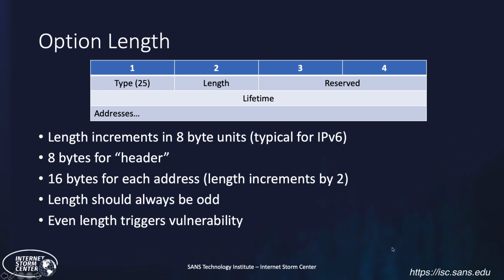So an IPv6 address has 16 bytes. So our length increments by 2 for each IPv6 address we are adding. But the end result is that this length is always an odd number. So we have an even number of 8 bytes for the IP addresses, but then in addition to that, we have this one length unit, 8 bytes for this little header that we have here at the beginning of the option.